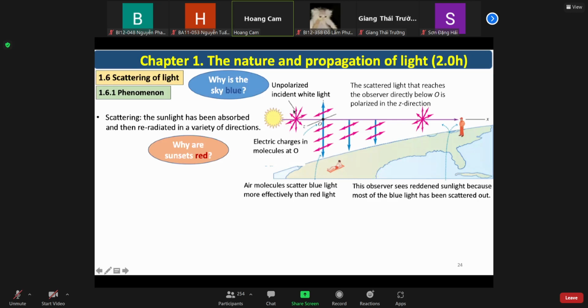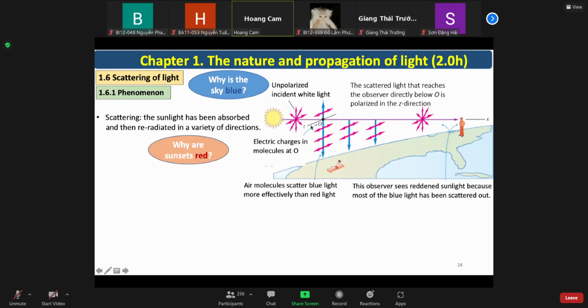Unpolarized light is described by a random distribution of the electric field like this. The light from the sun propagates along the x direction here. At the location of this man, who observes the sky above, we consider this point O, where the electric charges of the molecules will be affected by the electric field of the light.